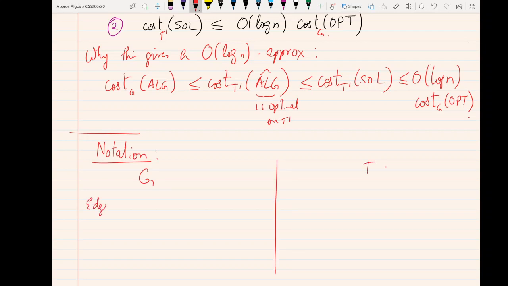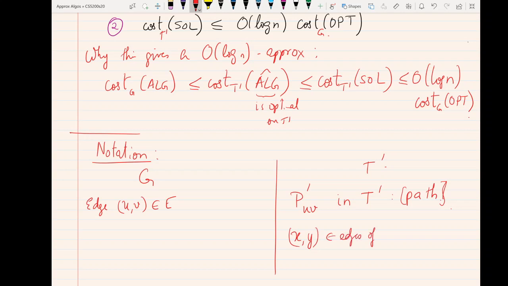So you have an edge UV in E, and this translates to a path P prime UV, which is unique in T prime. And similarly, if you have an edge XY in T prime, then this translates back to a path in the original graph. I'll call that P XY in G, and it's a path, so I'll think of a path as a set of edges.